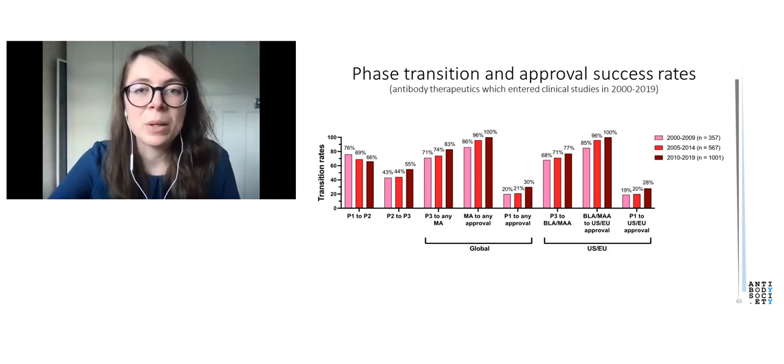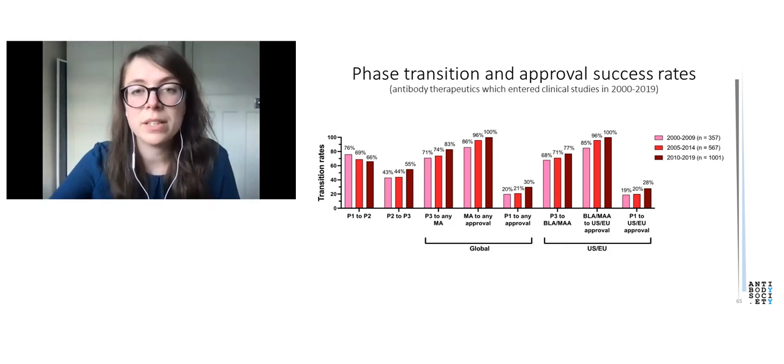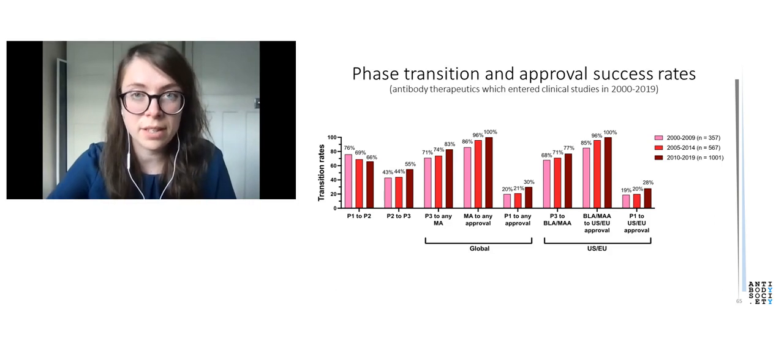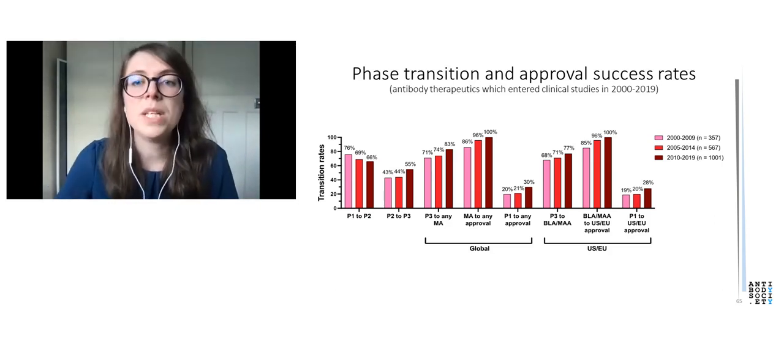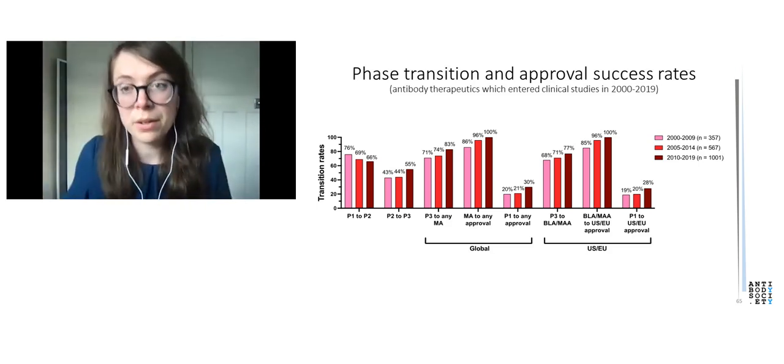We calculated the phase transition and approval success rates of antibody therapeutics which entered clinical studies between 2000 and 2019. So this is a 20-year time period, which we divided into overlapping 10-year time periods.